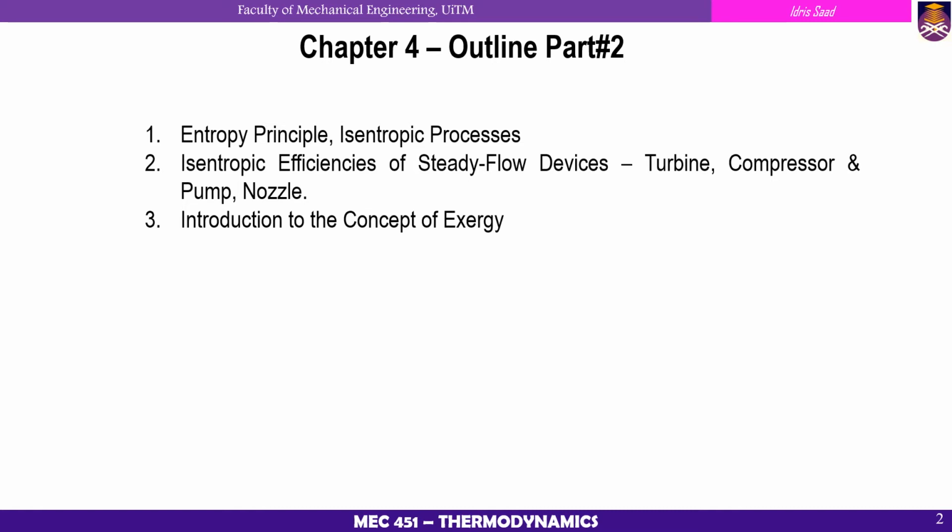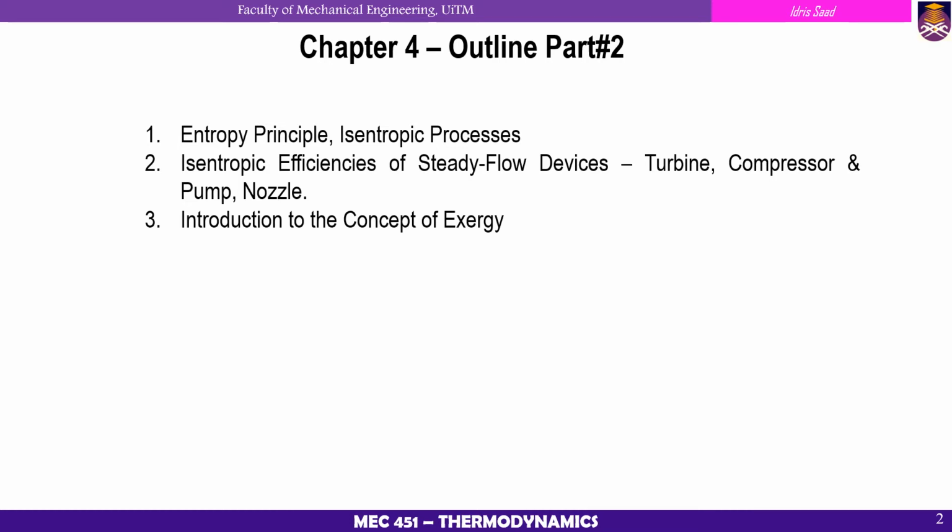Recall that in the video of chapter 4 part 1, we discussed the thermal energy reservoir, which included the heat engine and refrigerator and heat pump system. Also, we have learned about the energy conversion efficiency, which are thermal efficiency and coefficient of performance for the heat engine and refrigerator and heat pump system respectively.